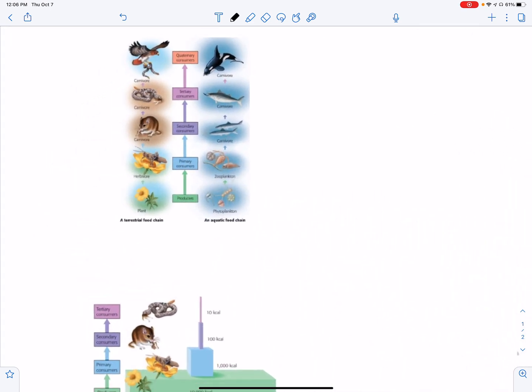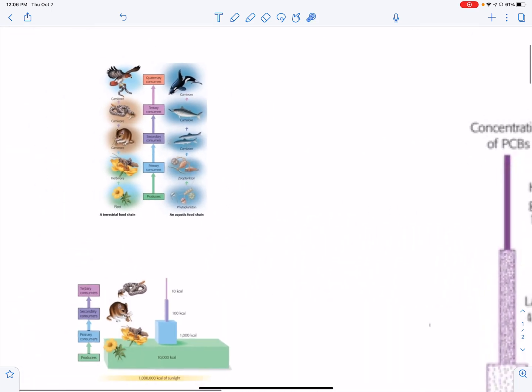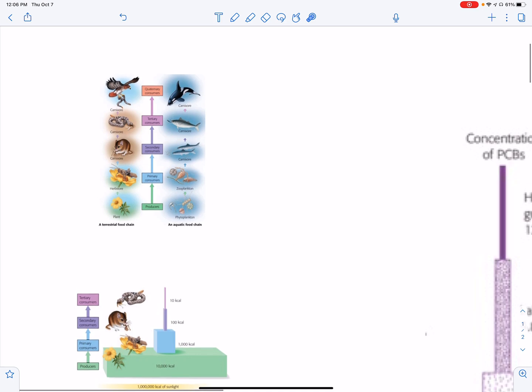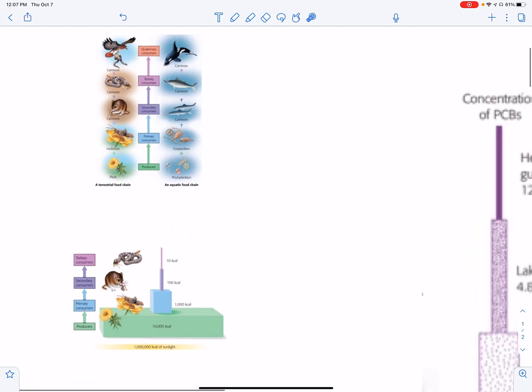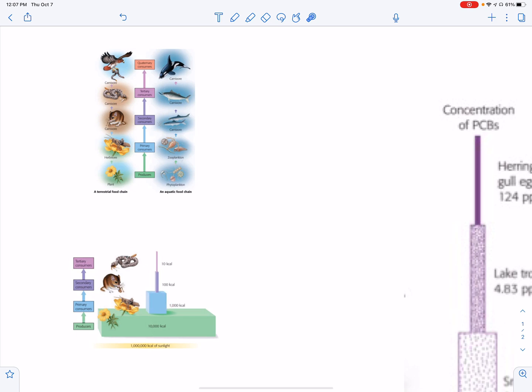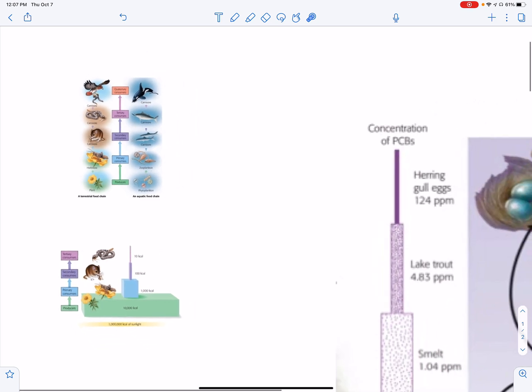Quick review, we've talked about how nutrients cycle through an ecosystem from the producers up through consumers and then to decomposers and back into the ecosystem. And we've also talked about how energy flows through the ecosystem and the 10% trophic rule. As we move up a trophic level, 90% of the energy is lost as heat and 10% is retained as chemical energy in the biomass of that trophic level.